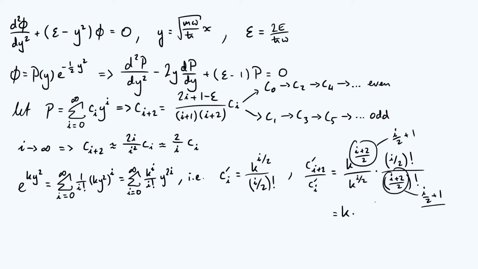And so you can cancel most of those numbers down, and that second fraction just becomes 1 over I over 2 plus 1.